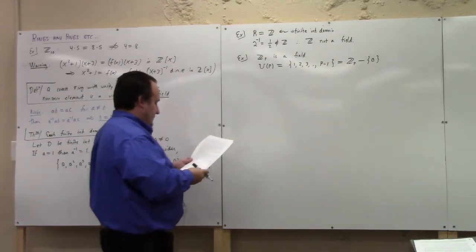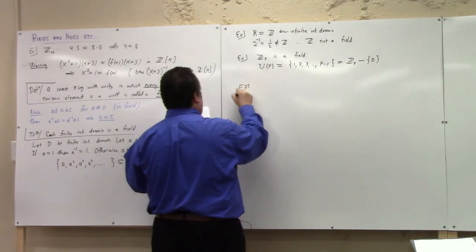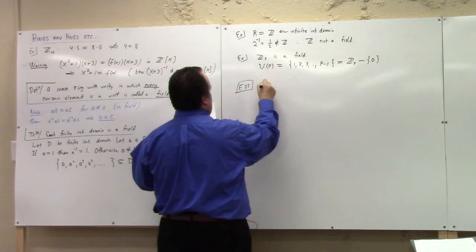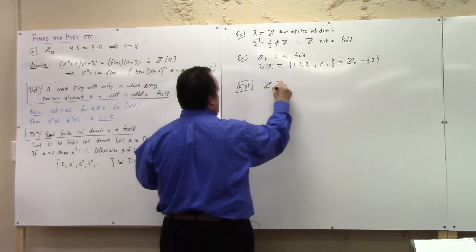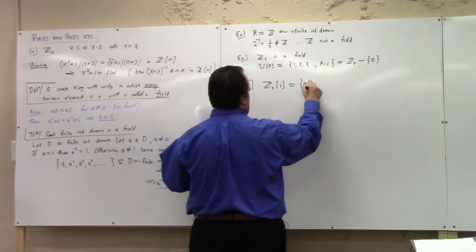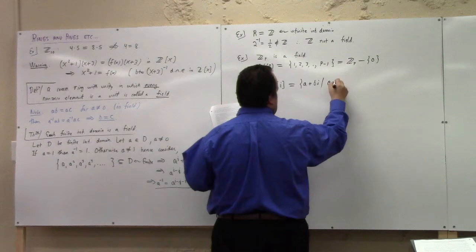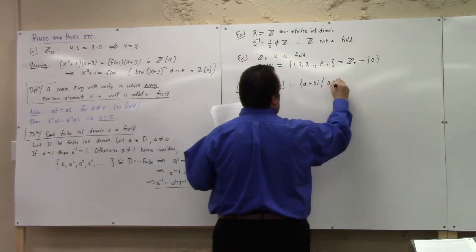There are other fields, though, that are more interesting that we haven't seen yet. Example 35. Check this one out. Z mod 3 adjoin I. So what we're looking at is A plus BI, such that A and B are in Z3.